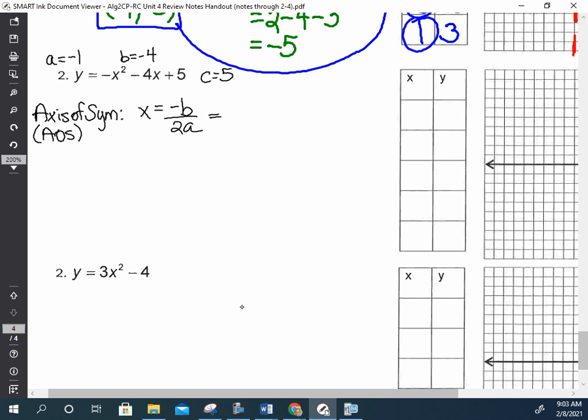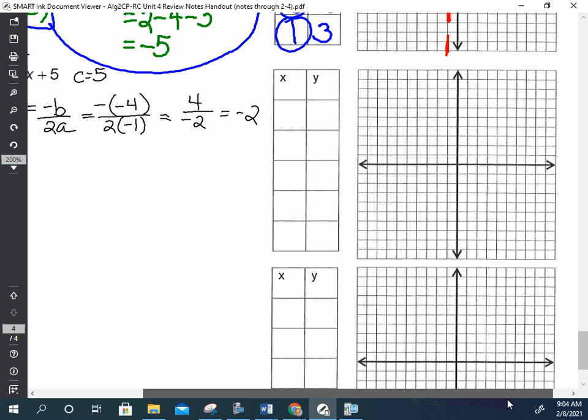So plug everything in: minus negative 4 over 2 times negative 1. So the opposite of -4 is 4. 2 times -1 is -2. That gives you -2. So your axis of symmetry is -2.